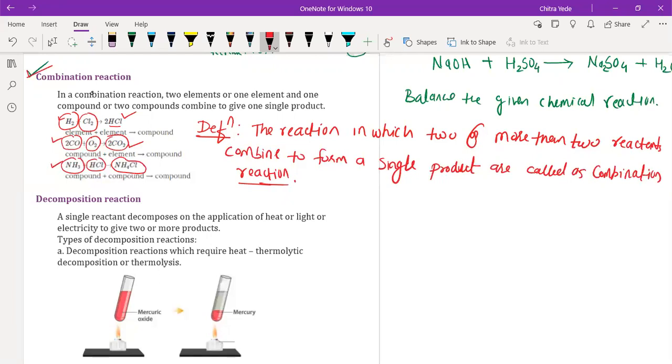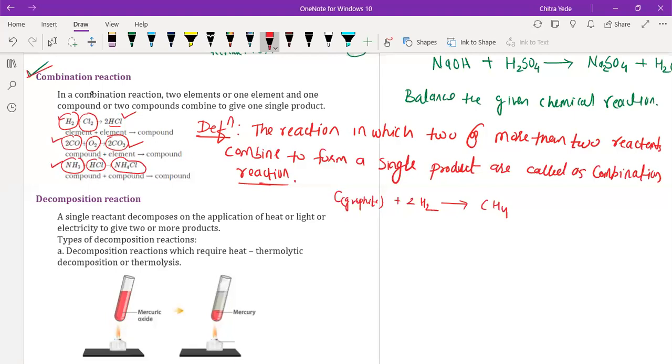So we will write one more chemical reaction so that you will understand. We have carbon in the form of graphite. When it reacts with 2 H2, hydrogen gas, it gives CH4, which is methane.